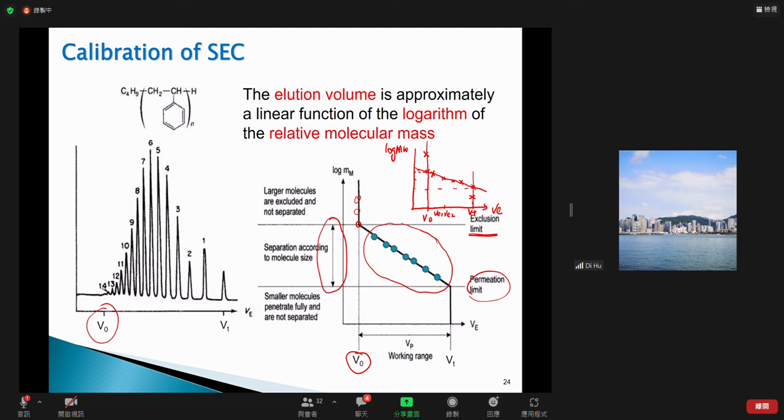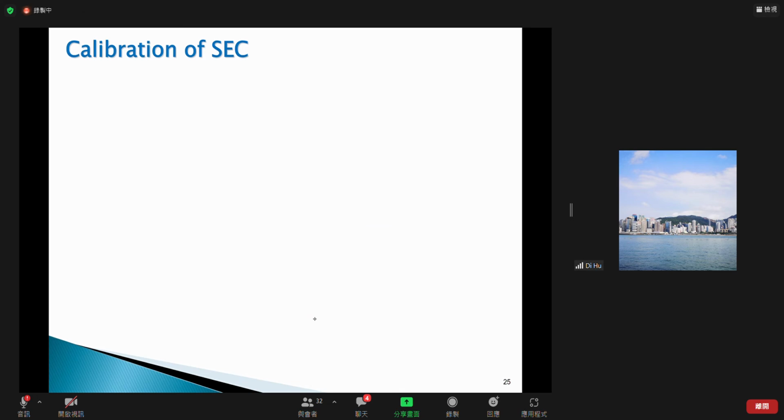So for example, if you have some sample, with the same column, sorry, if Vs of your sample equals Vt, oops.